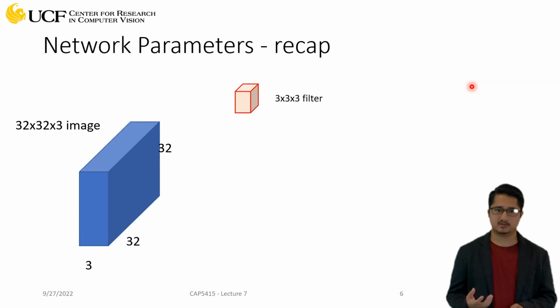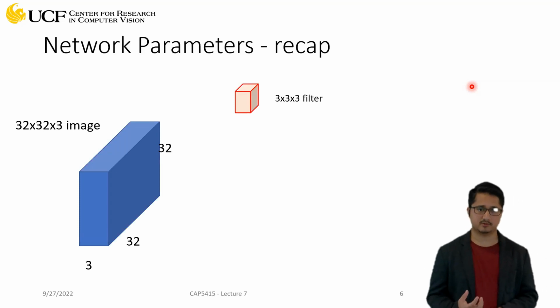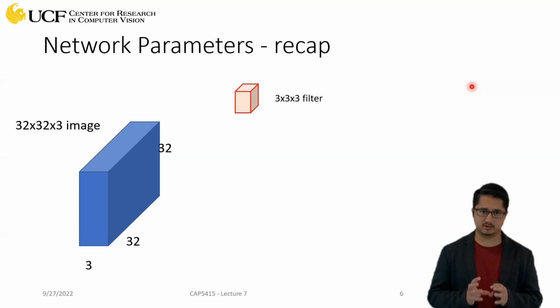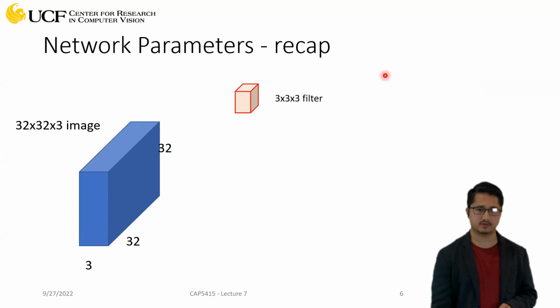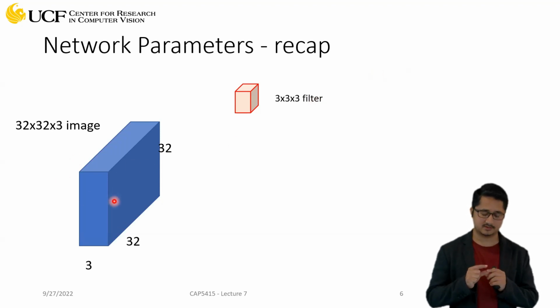Now, let's first try to understand the concept of network parameters. We have been talking about this a lot, but let's make sure that everyone understands this pretty clearly. So in a neural network or in a convolutional neural network, you will have input. There is a distinction between data and parameters. Both are actually storing some values, some numbers.